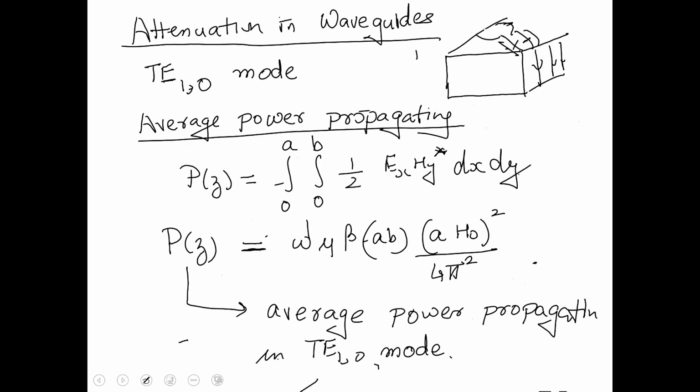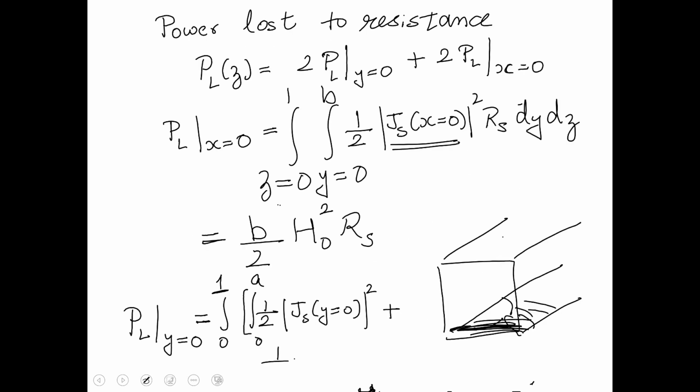you have half of Js due to the x component of the field. This is due to the z component of the field at y is equal to 0 square in dx direction.